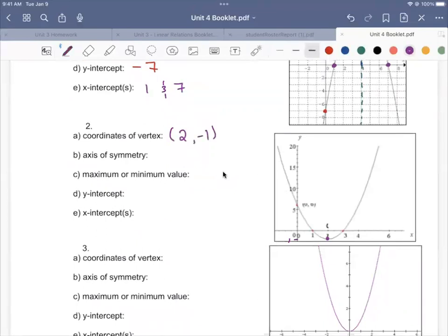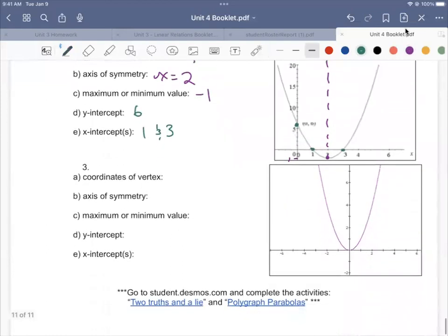My axis of symmetry is through here, where x is equal to 2. The maximum or minimum value is going to be the same y coordinate as my vertex, so that will be -1. My y-intercept, I only have 1 right here, which is at about 6. And I have 2 x-intercepts of 1 and 3.